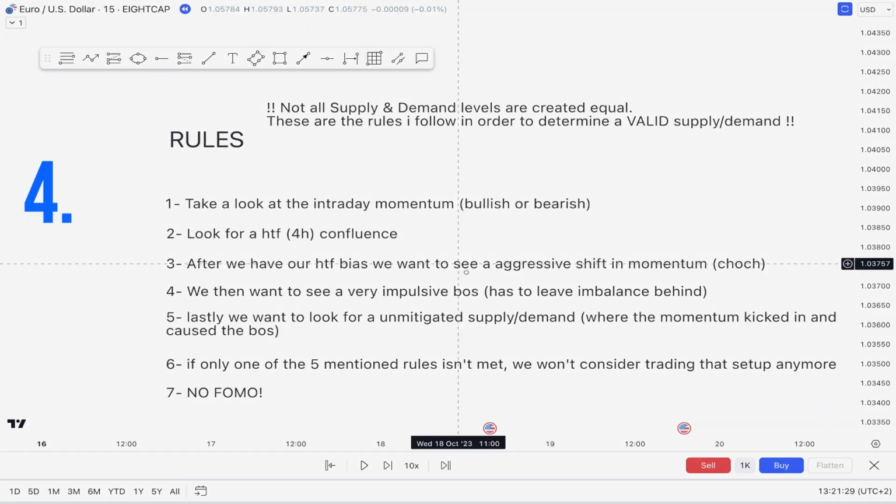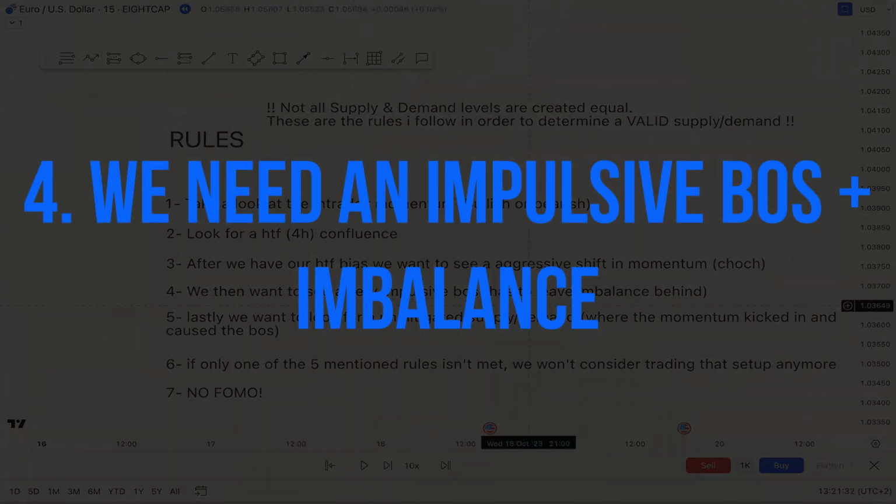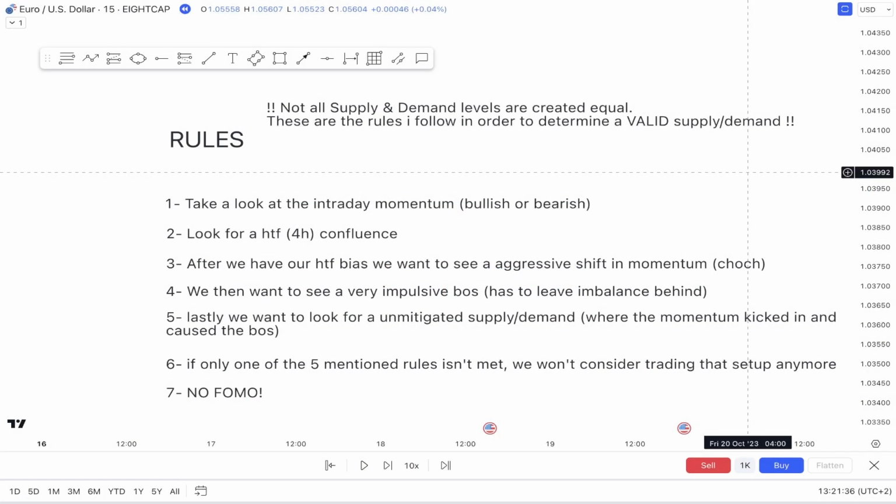We then want to see a very impulsive break of structure. By very impulsive, I mean a break of structure that leaves imbalance behind. That for me is an impulsive break of structure. If there's no imbalance, then I am not considering that break of structure.